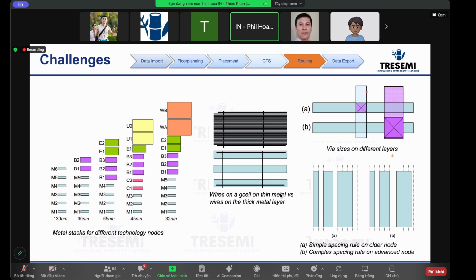So you can see the growth in terms of the RC, in terms of the wiring thicknesses. You see it from thin to a little bit thicker and thicker and thicker. TSMC called them thick, ultra thick, etc. So you see the growth in thickness.